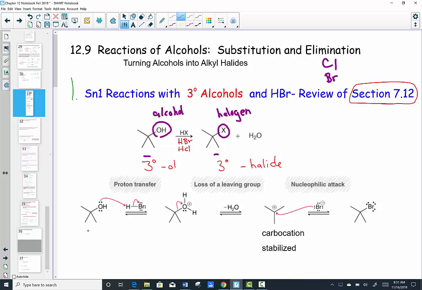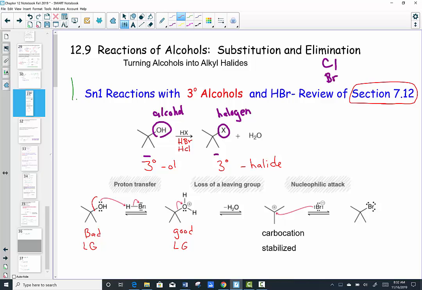Now remember, we said that the alcohol is a bad leaving group, and so we still need that primer step to turn that alcohol, hydroxyl OH, into a better leaving group, and that's the source of the proton on the HBr. So again, this hydroxyl group is a poor leaving group.